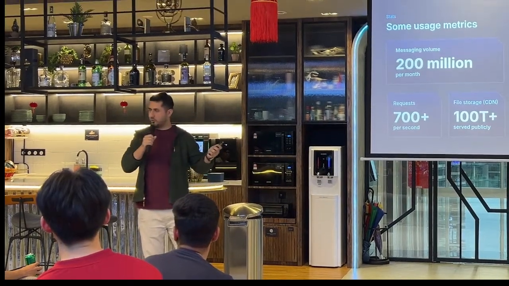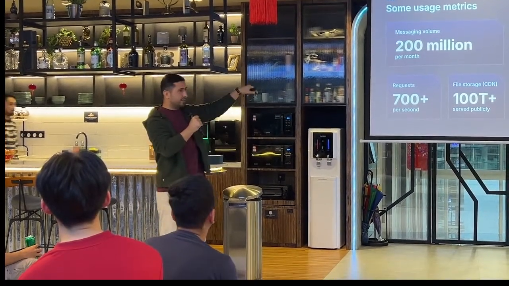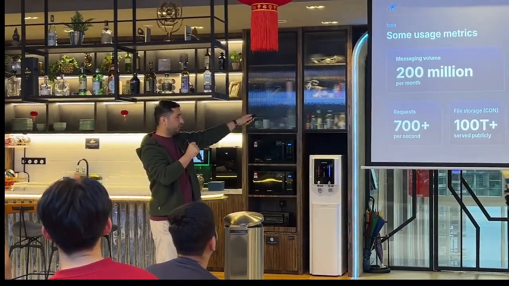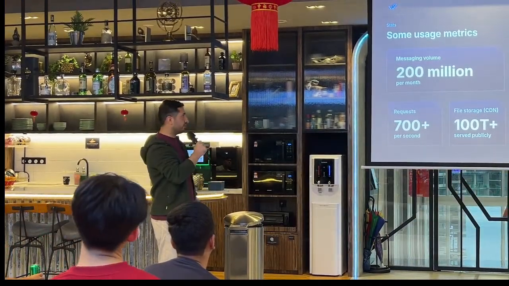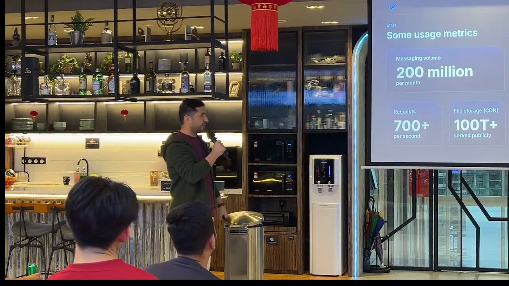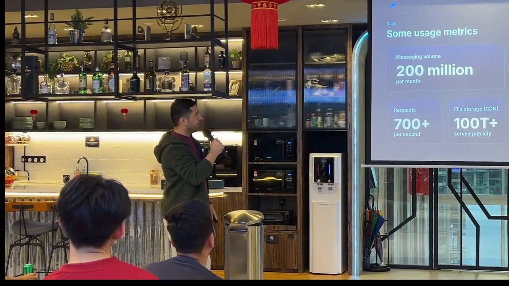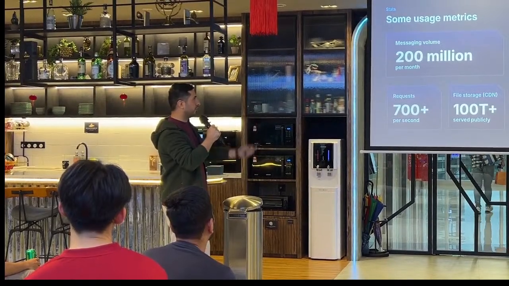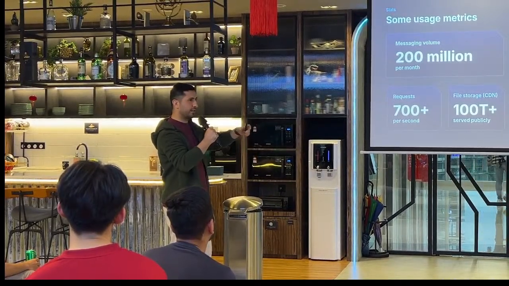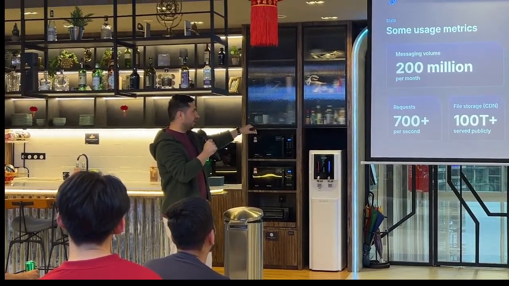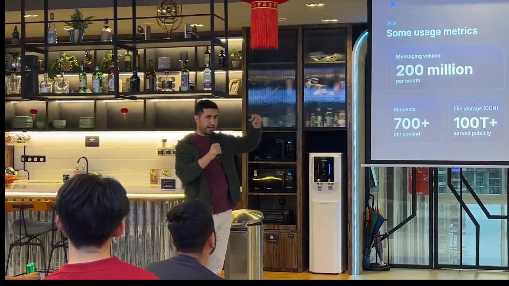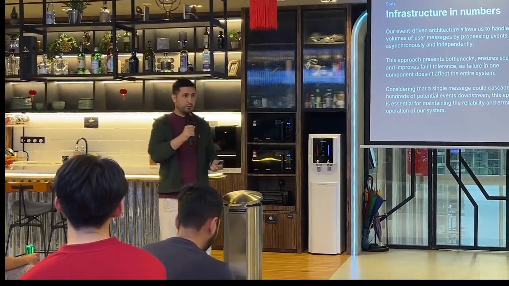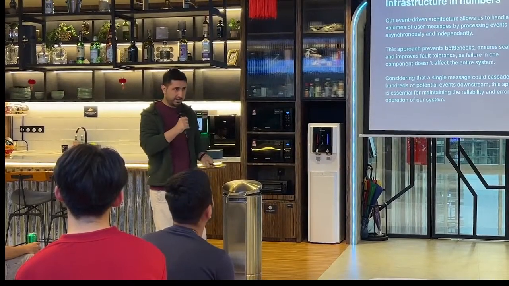Thanks for the question. Okay, so this is just some metrics. We process 200 million messages per month. That's like 5-6 million per day. Active contacts are 500,000. 30 million plus contacts have been stored in our database. So as you can see, we operate at a very high scale, which means we have to use cutting edge AWS services.